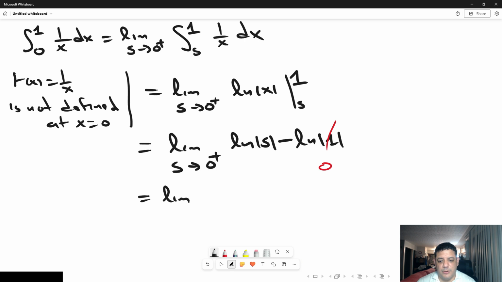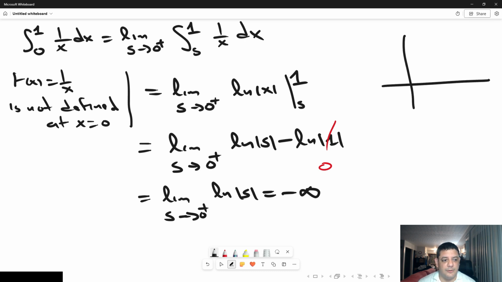And we're only left with the limit when s goes to 0 from the right of log of absolute value of s. But notice that this log, when it's approaching 0 from the right side, actually goes to minus infinity. If you remember the graph of the log, when we're approaching 0, it goes in this direction.